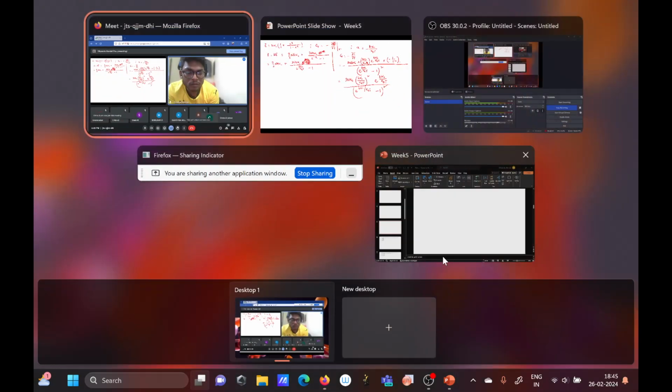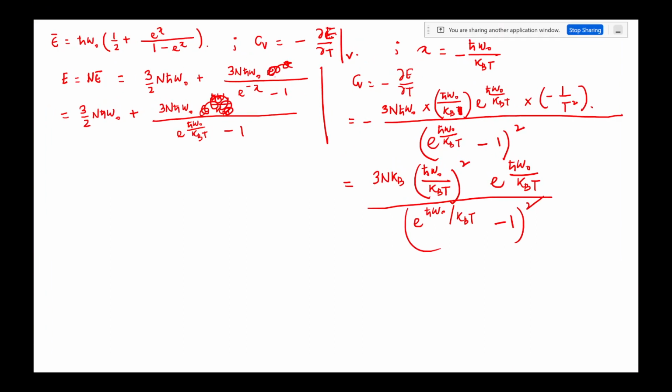Okay, so here that is the Cv. Now I have to check this thing. You got the Einstein frequency, so Einstein frequency can be written in terms of here.